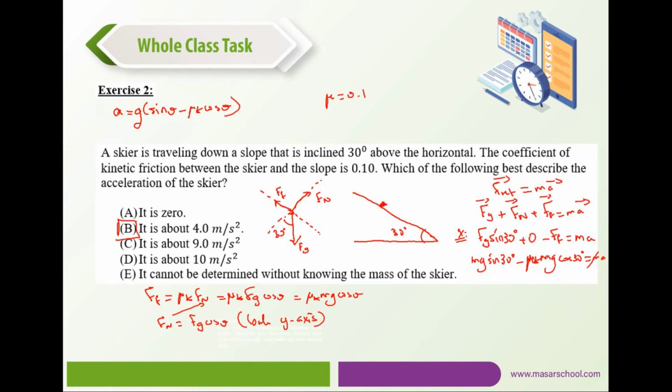Now here m cancels with m, then a would be given by g sine 30 degrees minus mu k g cosine 30 degrees. And if we factor out g, that would be the same expression that I posted at the beginning of the exercise.